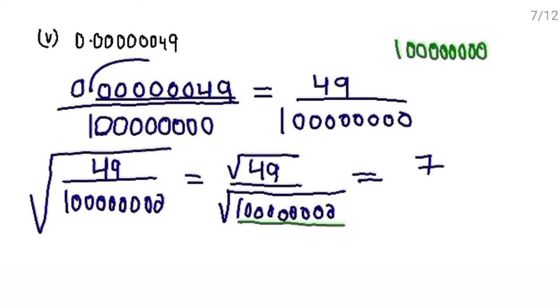So you don't need to use the prime factorization method to find the square root. Simply make pairs of zeros. Write 1 and from each pair take 0. So what are you getting? 10,000. In the denominator you are getting 10,000.